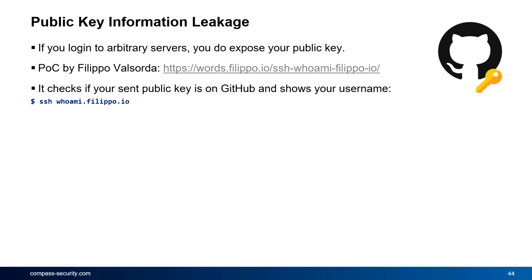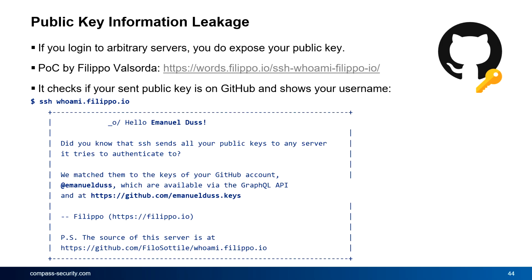So if I SSH to whoami.filippo.io, my SSH client automatically sends my public keys to this server, and the server can read this public key and then say hello using my real name, my GitHub username, and where this server got my public key from. So there's basically a database behind this server that stores all public keys of the GitHub users and then compares the public keys against this database if someone performs a login, and then this information can be shown.